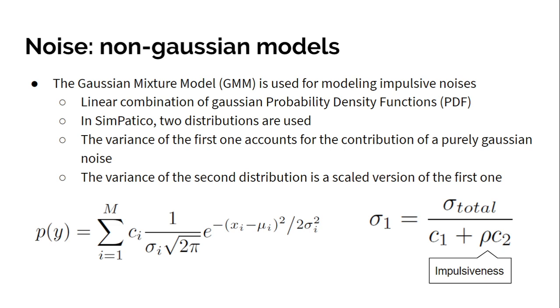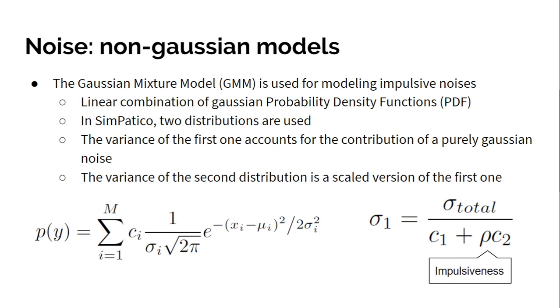The variance of the second distribution is just a scaled version of the first one. So sigma 2 is actually just equal to rho times sigma 1. But what is this rho factor? It describes the impulsiveness.